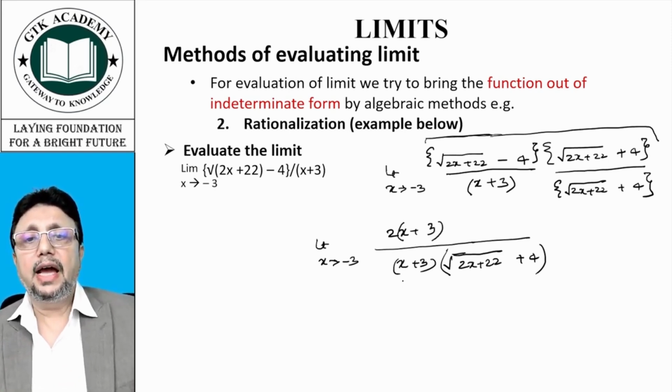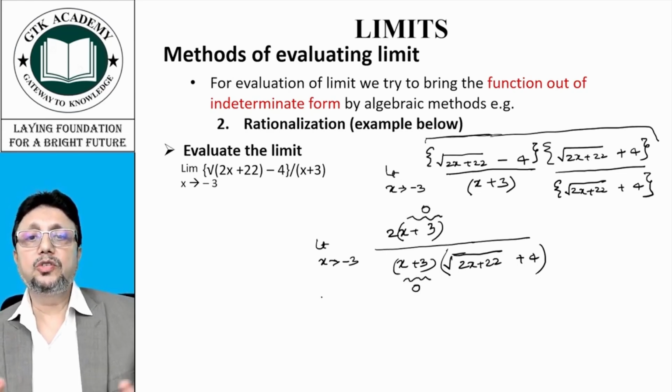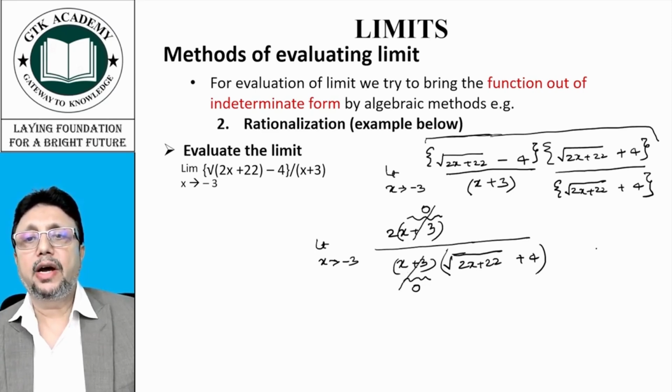Now you can see, as you put the value of x as minus 3, this becomes 0, and in the numerator this also becomes 0. So these were the factors which were responsible for bringing the function into indeterminate form at x is equal to minus 3. They cancel out here. So now you can easily put the value of x as minus 3.